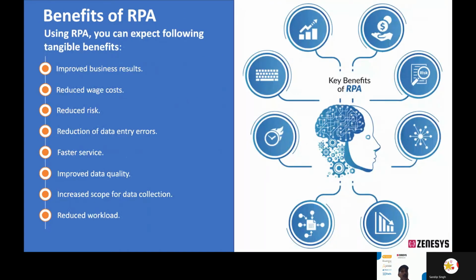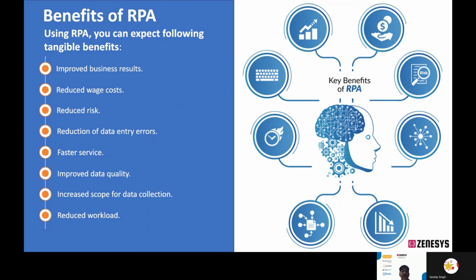And if we talk about benefits, let's look at some of the key benefits that we get out of an RPA software. As you can see here, first and foremost benefit is improved business results. It helps reduce data entry errors because it copies and pastes data all the time with 100% accuracy.